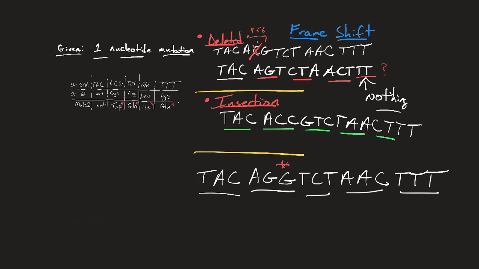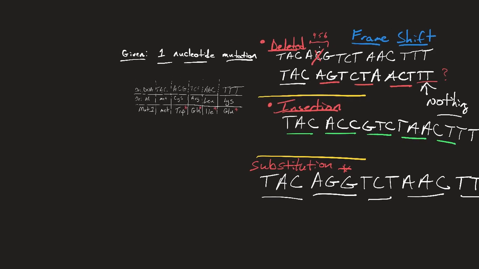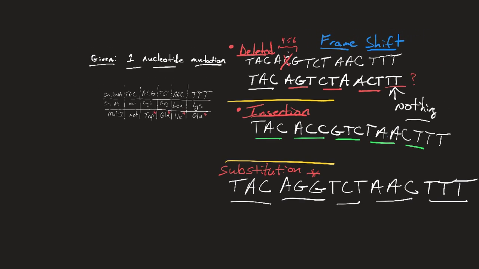So which of these do you think it is for mutant 1? What is mutant 1? Is it an insertion, substitution, or deletion?